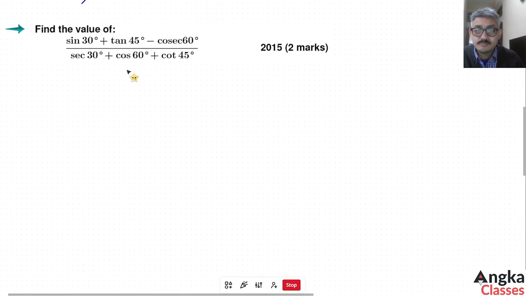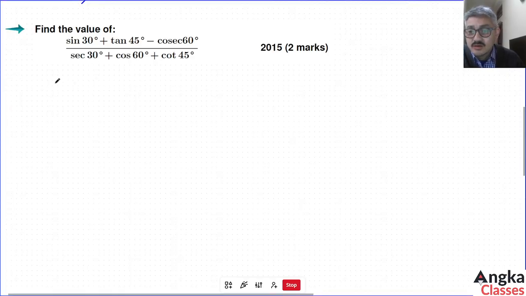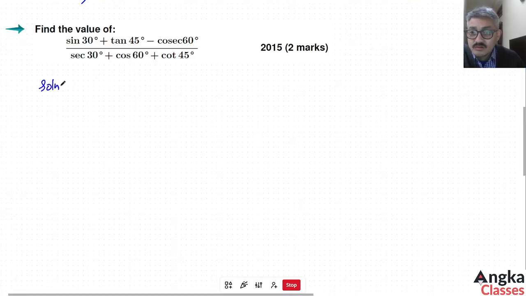The question is: sin 30 plus tan 45 minus cosec 60, divided by sec 30 plus cos 60 plus cot 45.